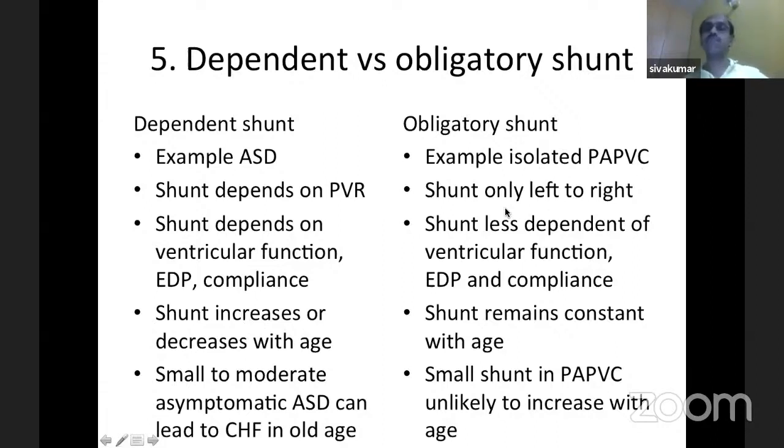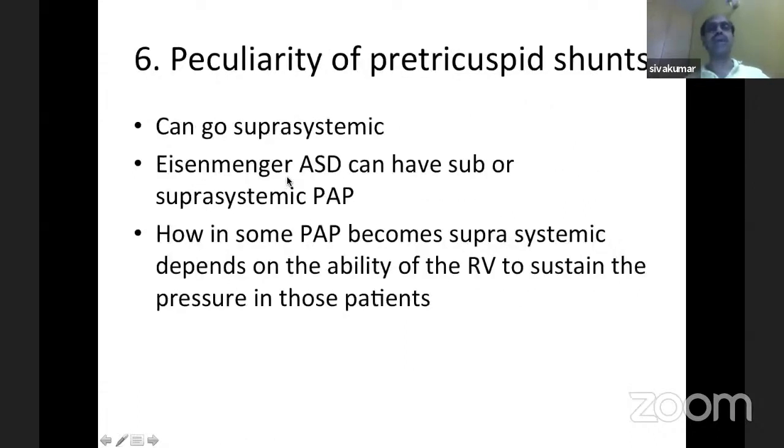The shunt is completely left-right. It will never become right-left. And the shunt is less dependent on ventricular function, EDP, compliance. Shunt will remain constant with age. Dependent shunt will vary with age, whereas obligatory shunt will remain constant with age. So this is the difference between dependent and obligatory. Obligatory shunt example is PAPVC. Dependent shunt example is ASD.